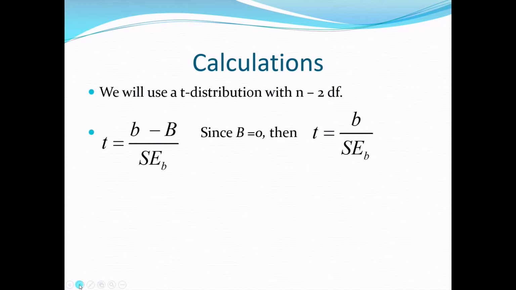Okay, so here is your t-test statistic. This is what we normally would see: observed minus expected divided by standard error, and that will give you a t-value. Now, since H0 is that beta equals 0, this just disappears, and we get t equals b divided by the standard error of b.